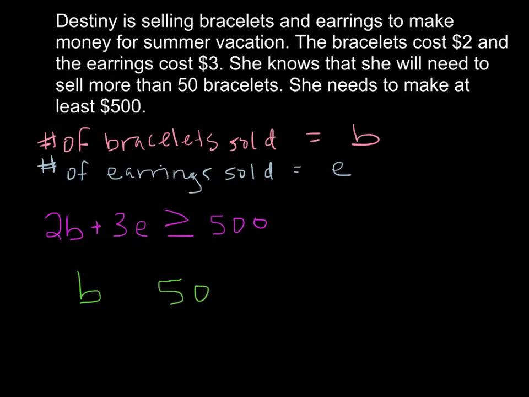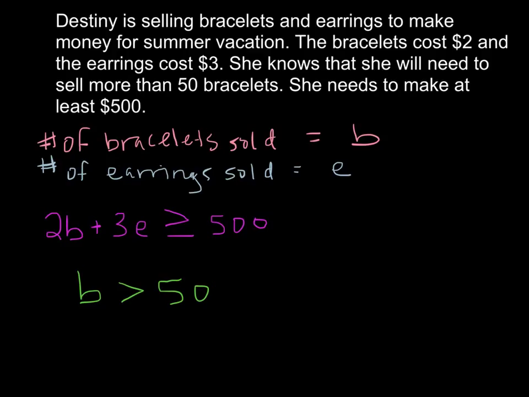So more than, that's greater than, correct? Is that greater than or equal to? Can she make 50 bracelets and is that more than 50? No. 50 is not more than 50. It is the same. So it's strictly greater than. It cannot be equal to. So those are our two equations right there.